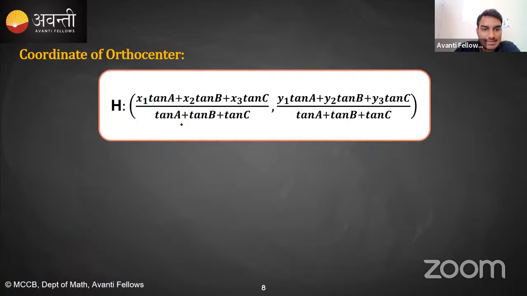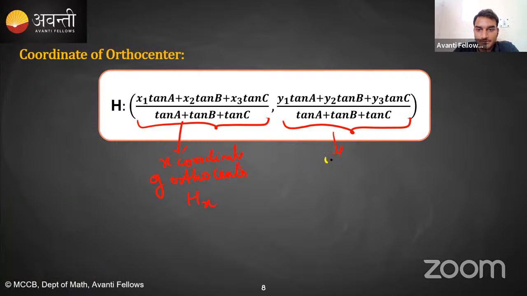This is the X coordinate of the orthocenter, so you can denote this with HX. Similarly, this is the Y coordinate of the orthocenter.